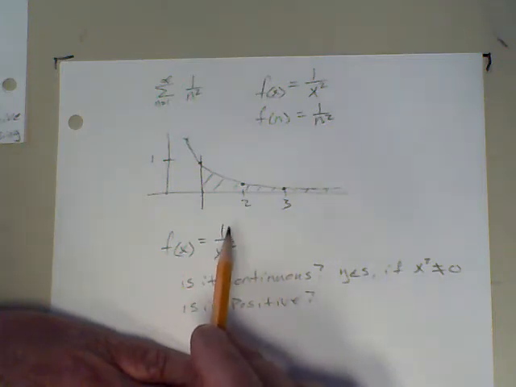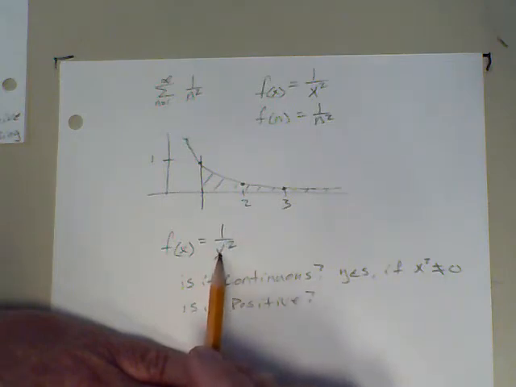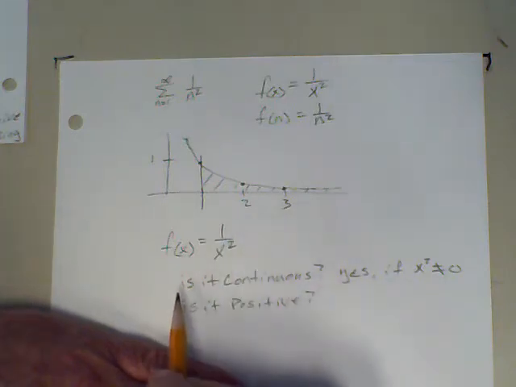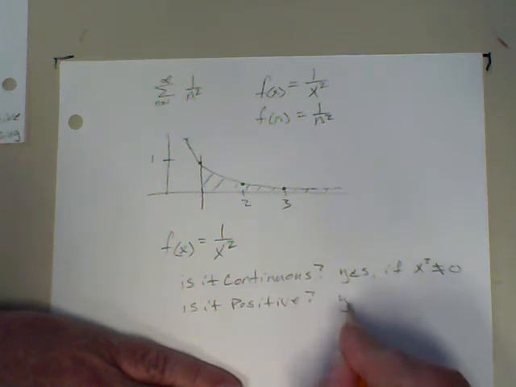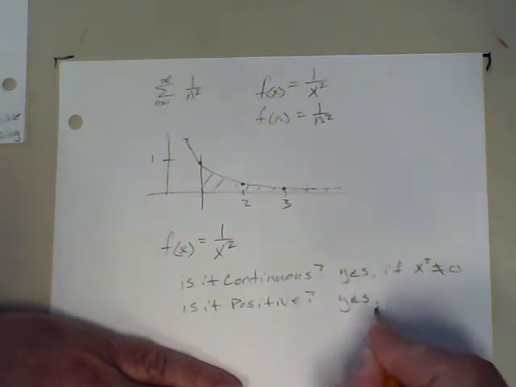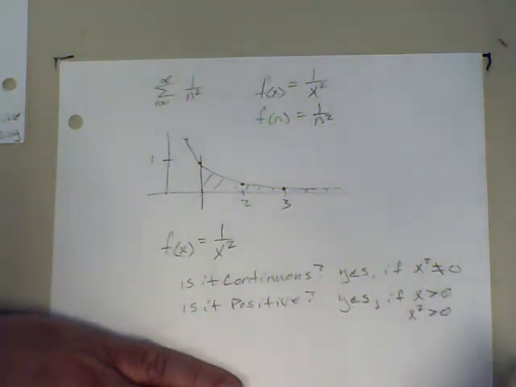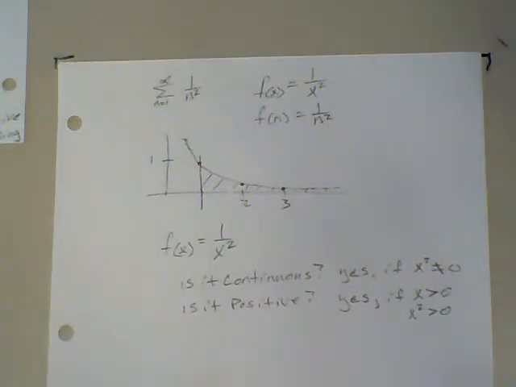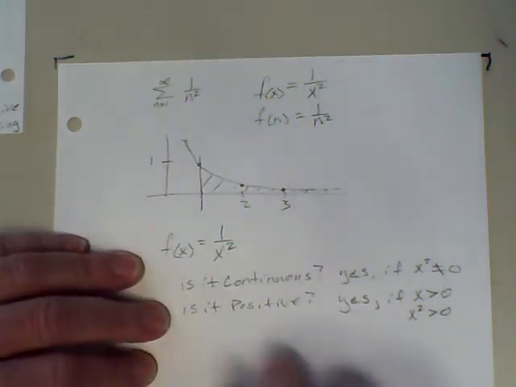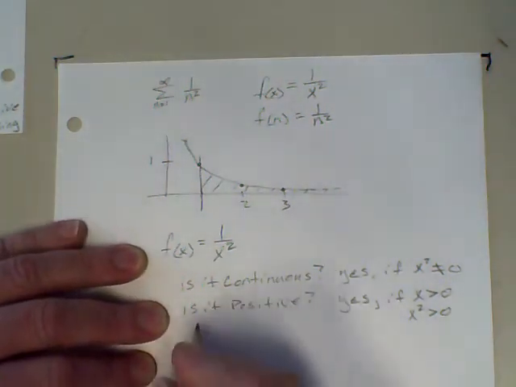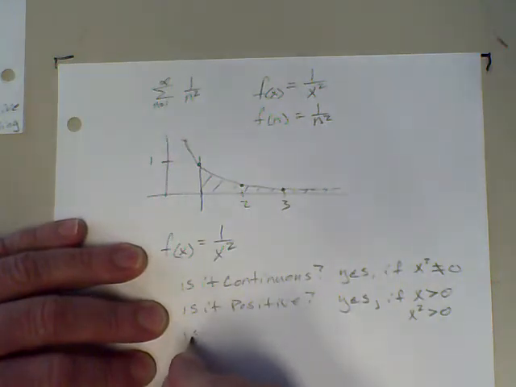So we always have positive divided by positive, except when x is equal to 0. So, yes, if x is greater than 0, x squared is greater than 0, so it's positive for all x greater than 0. So yes, we passed that. So we've passed 2 of the 3 tests. The third test, is it decreasing?